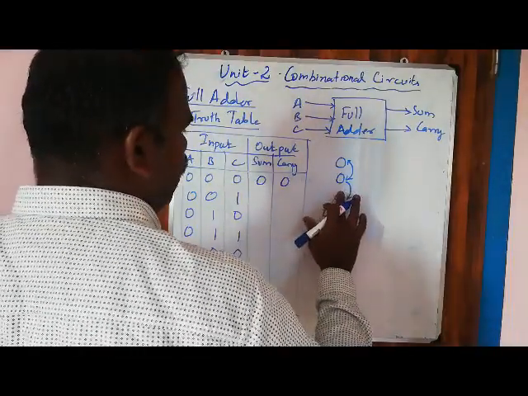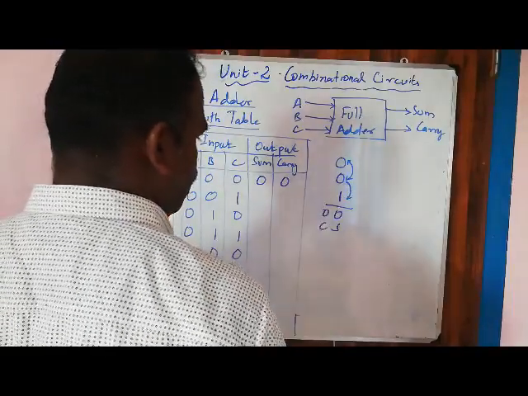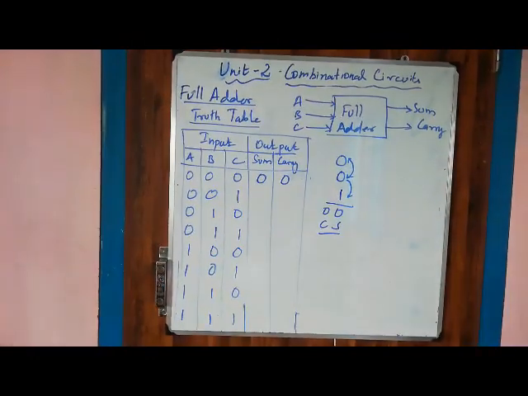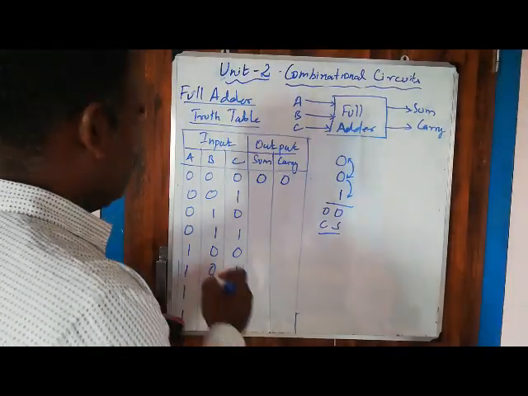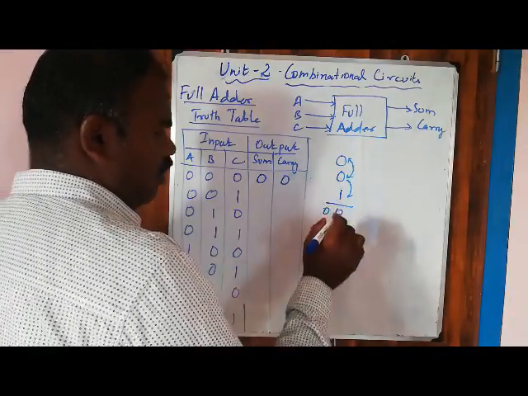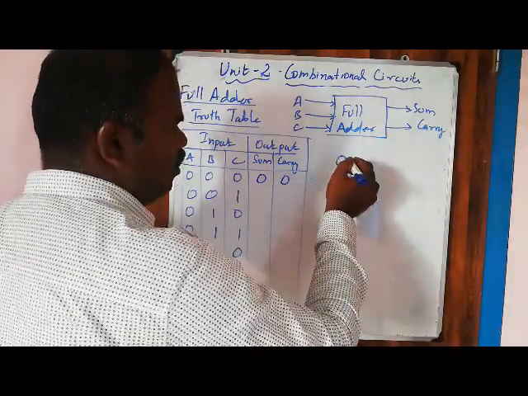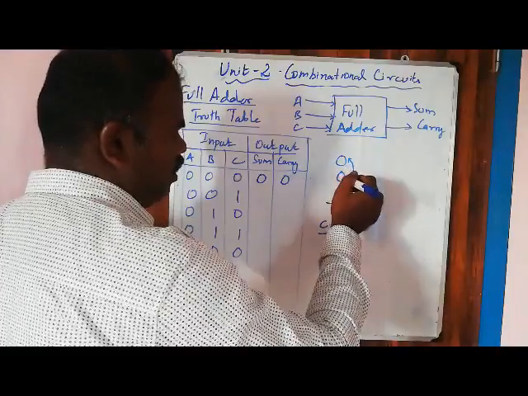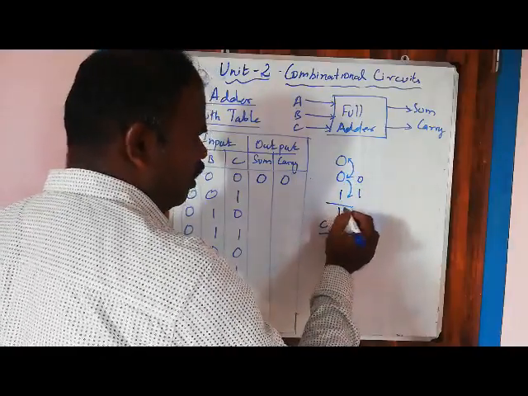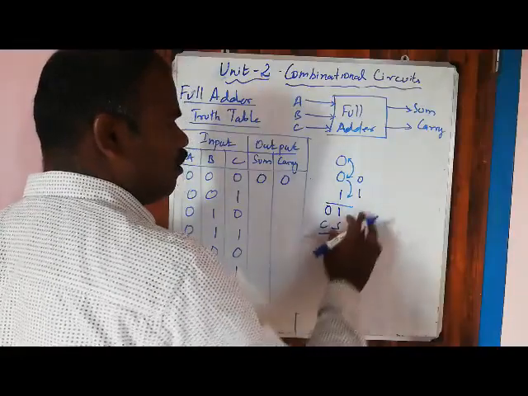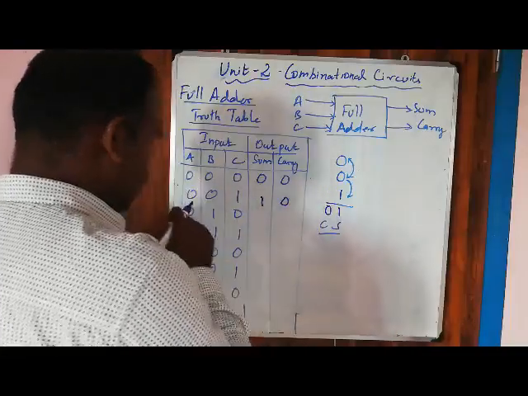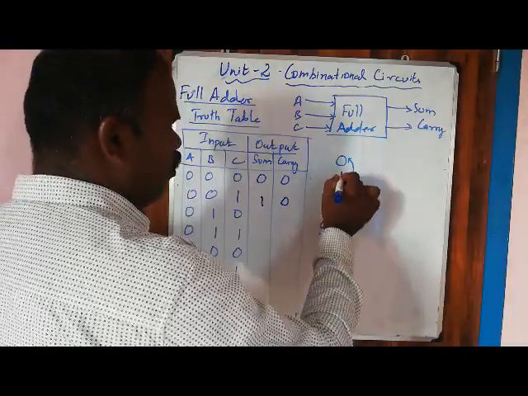Next go for the input 0, 0, 1. What is the answer? If you add 0 and 0, our output is 0. From this output, 0 plus 1, sum is 1 and carry is 0. Next input is 0, 1, 0.